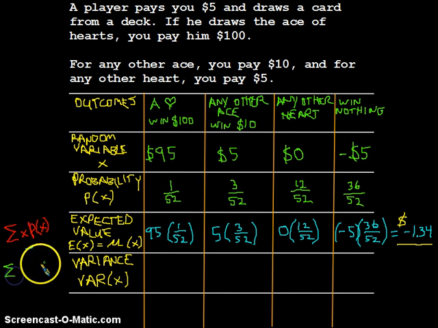It is sigma, or the sum, of each value of the random variable minus the mean, which in this case for us is negative 1.34.